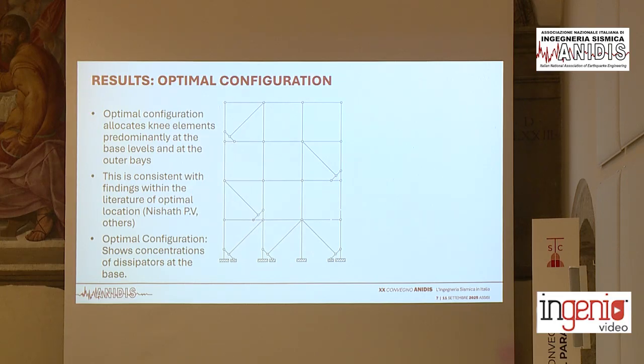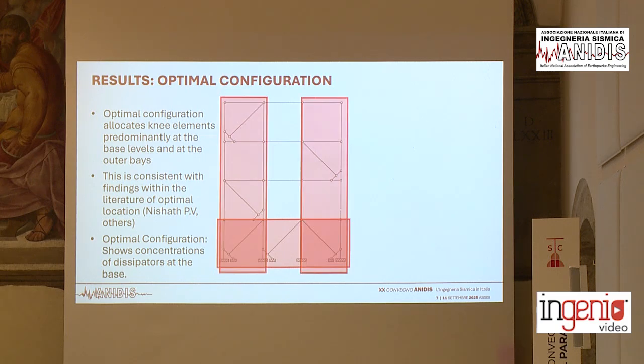So the optimal configuration allocates knee braces predominantly at the base of the building and in the outer base. And these findings align well with the literature, which highlights the effectiveness of placing dissipative elements in the outer base of structures and at the base. The reason is straightforward.